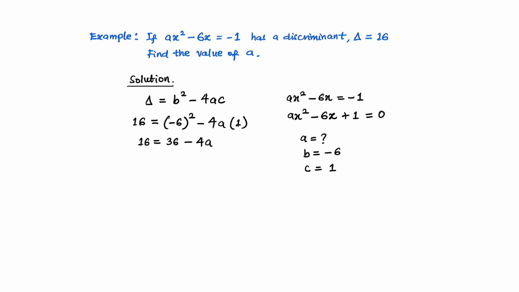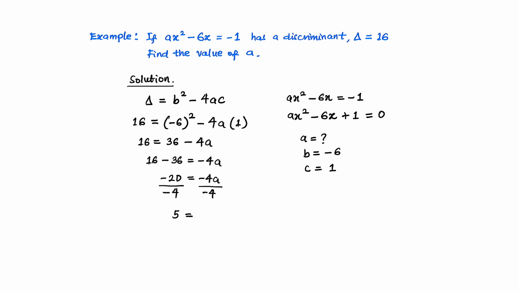So we'll have 16, bring this 36 to the left side, we'll have negative 36 equals minus 4A. So that means 16 minus 36, that will give us minus 20 equals minus 4A. Dividing both sides by negative 4, negative 20 divided by negative 4, we are left with positive 5.